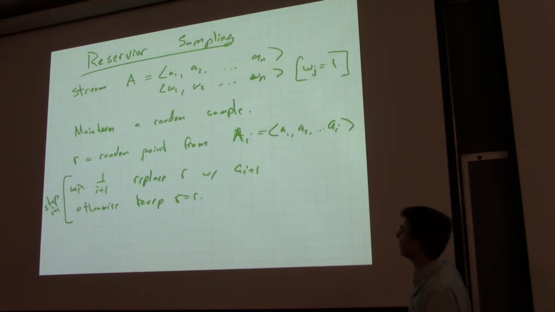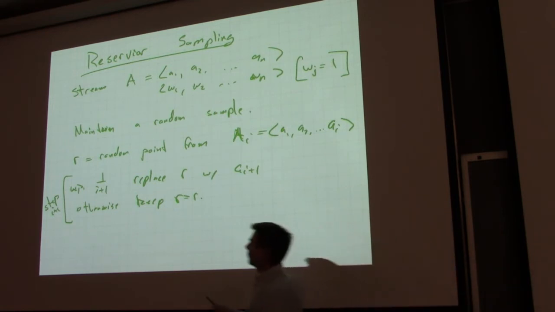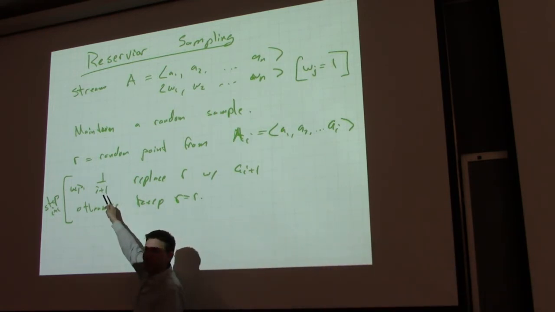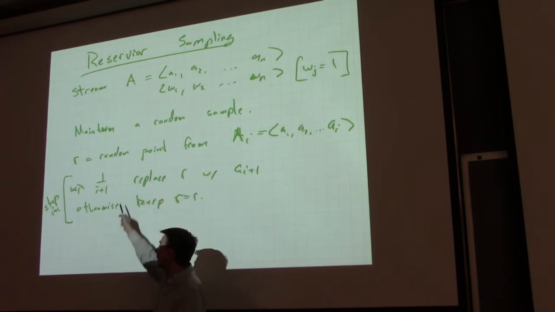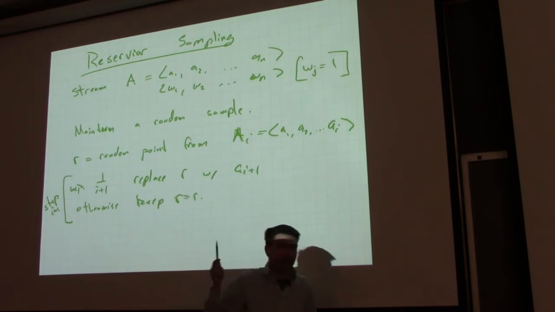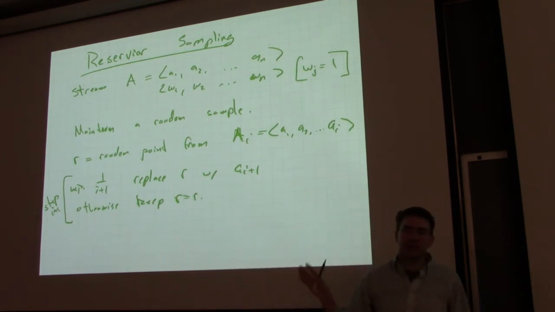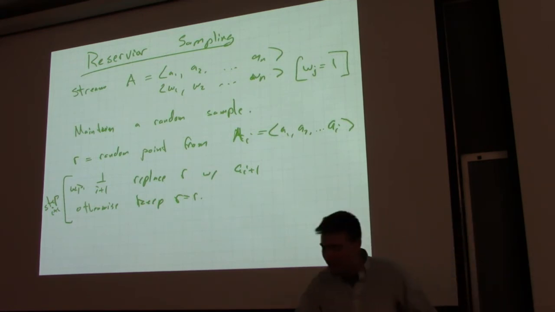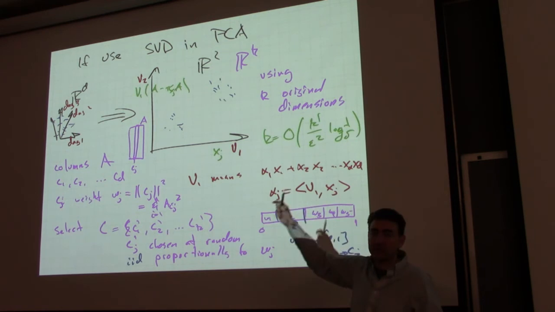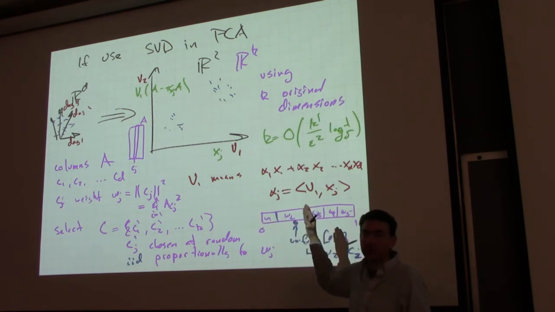You can also adjust it for weight. Instead of keeping it with 1 over i plus 1, I keep track of the total weight I've seen so far, and I keep each item with the correct weight at the time I saw it. And that keeps track of all the previous weights automatically. So I can maintain a random sample in a stream easily, which means that I can run this algorithm in a stream as if I see the columns one at a time.